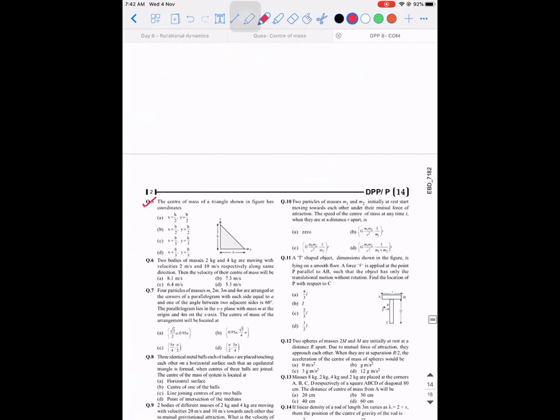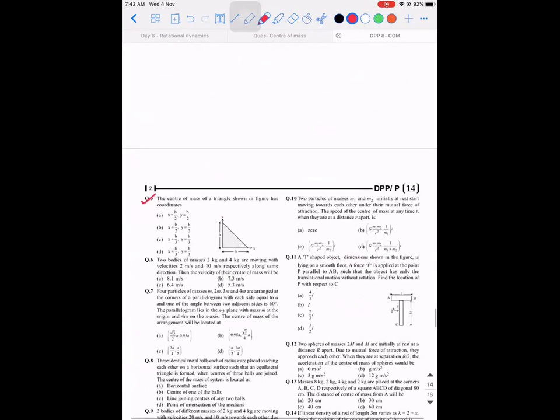Let's do the fifth one. The center of mass of a triangle shown in the figure has the coordinates.